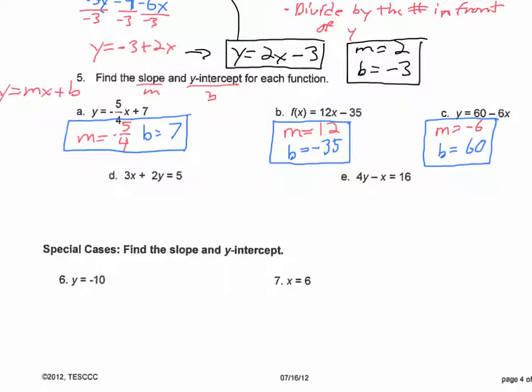Okay, so let's look at letter D first and remember our steps. I wrote down the two steps up there. Step 1, if we're solving for y, if we're getting y all by itself, step 1 is to move the x term. Get rid of the x term from the side that it's on.